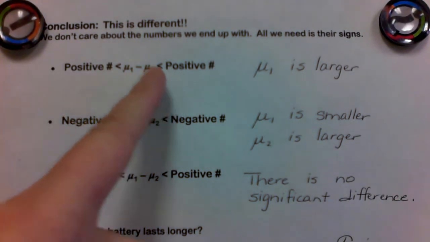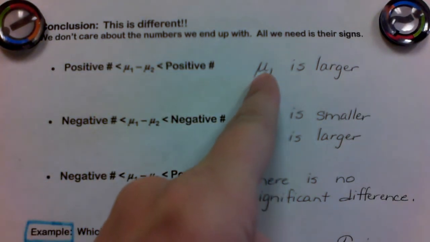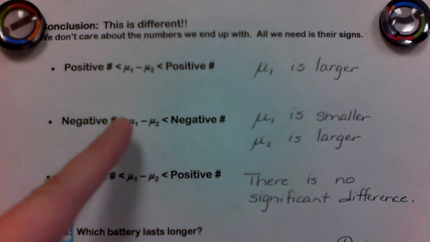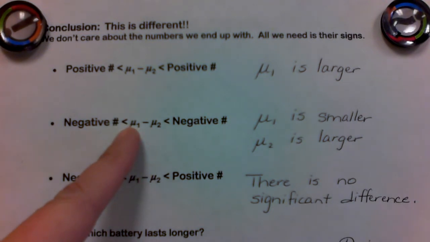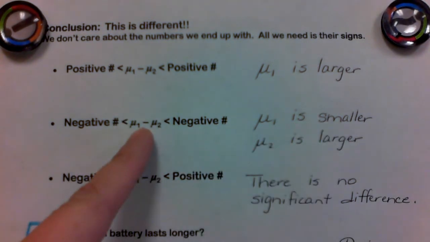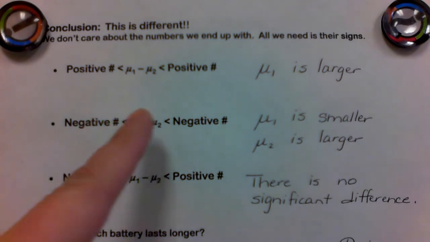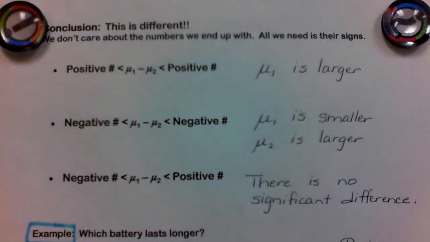So in your confidence interval, if you calculate two positive values, then you know population 1 has a larger mean than population 2. If your calculations in your confidence interval give you two negative values, the only way to subtract numbers and get a negative number is if the first number is smaller. So that tells us that mu1 is smaller, or that mu2 is bigger. So when you calculate two negative numbers in your confidence interval, then you know the population mean of the second population is bigger than the first.